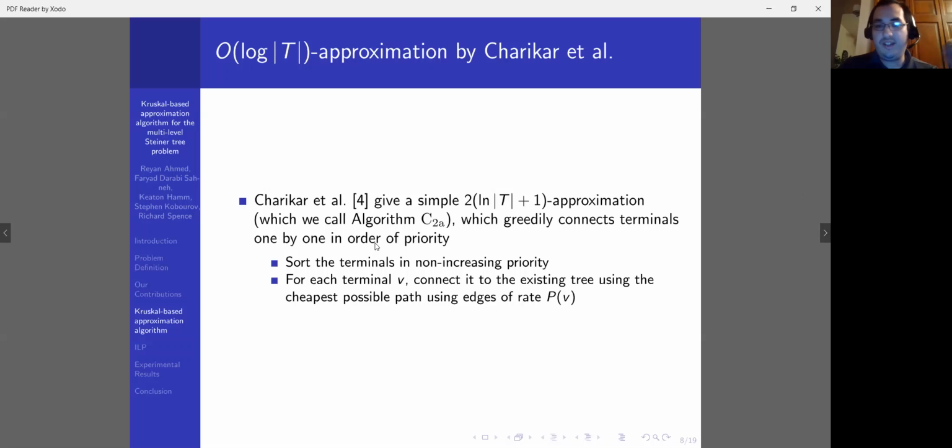Starting with the highest priority terminal, sometimes called the root, it simply connects each terminal to the existing MLST. This is a 2 ln t plus 1 approximation, which we'll just say is roughly 2 log t.